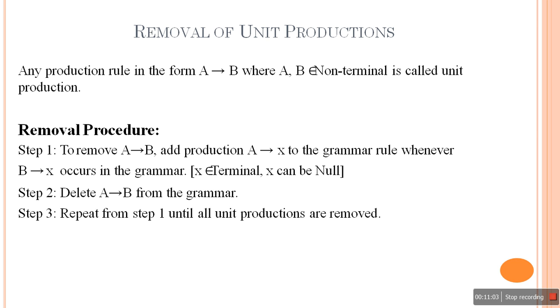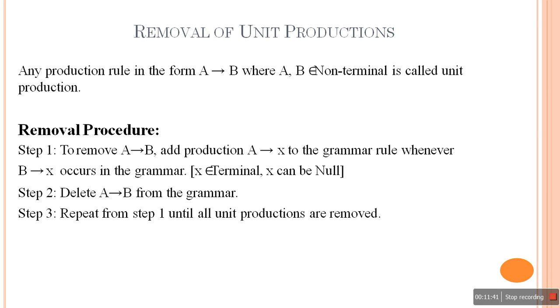If any production rule is in the form A determines B, where A and B are non-terminal nodes, it is called a unit production. Means the production rule does not contain any terminal node, and both left and right sides have no terminal element.